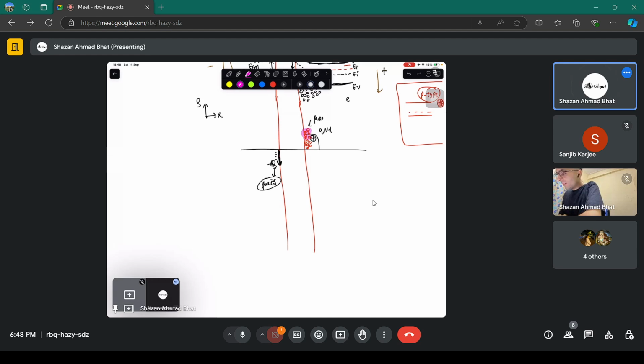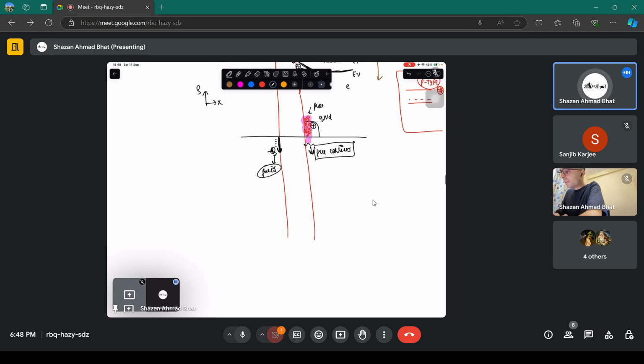These are free carriers that are going to play a role in the electrostatic process. Basically these holes form a distribution from the surface which is exponential. If this is the surface, holes look something like this.